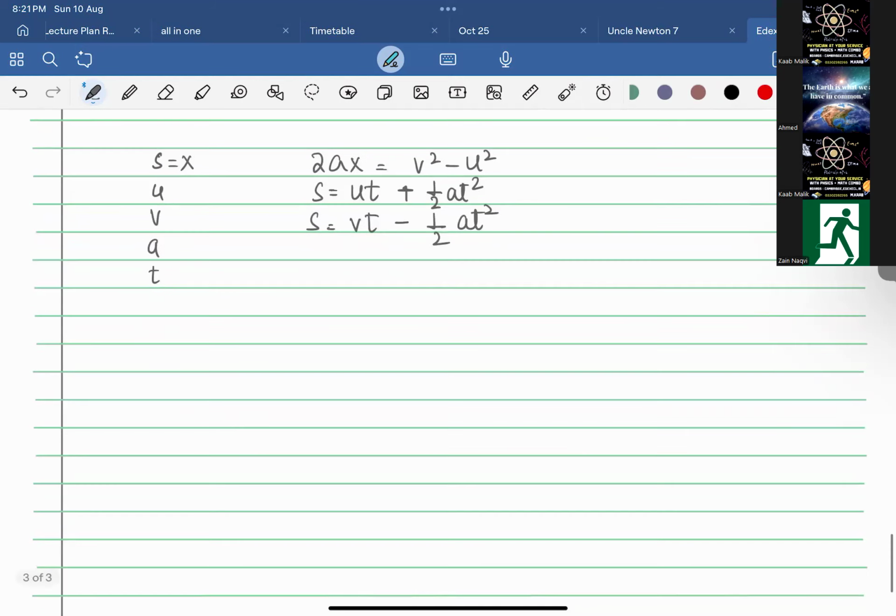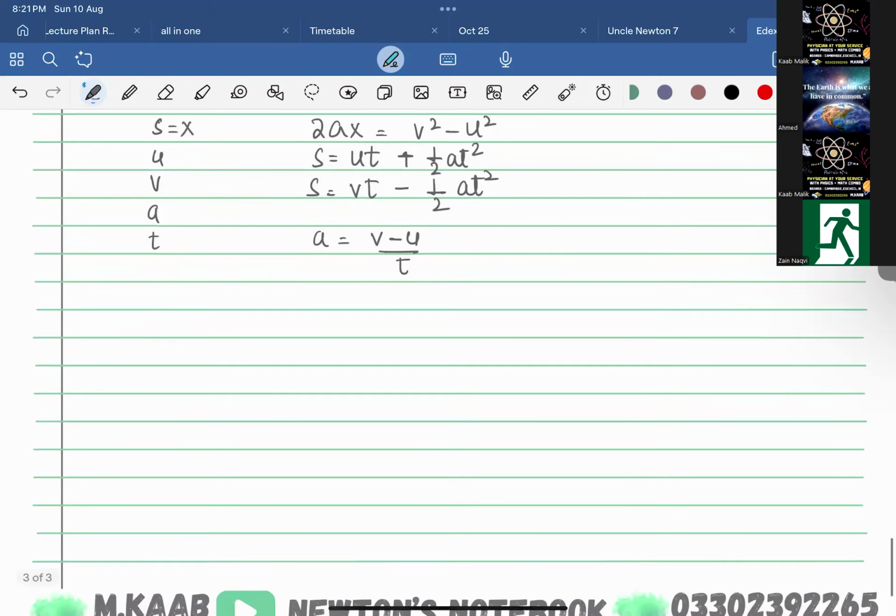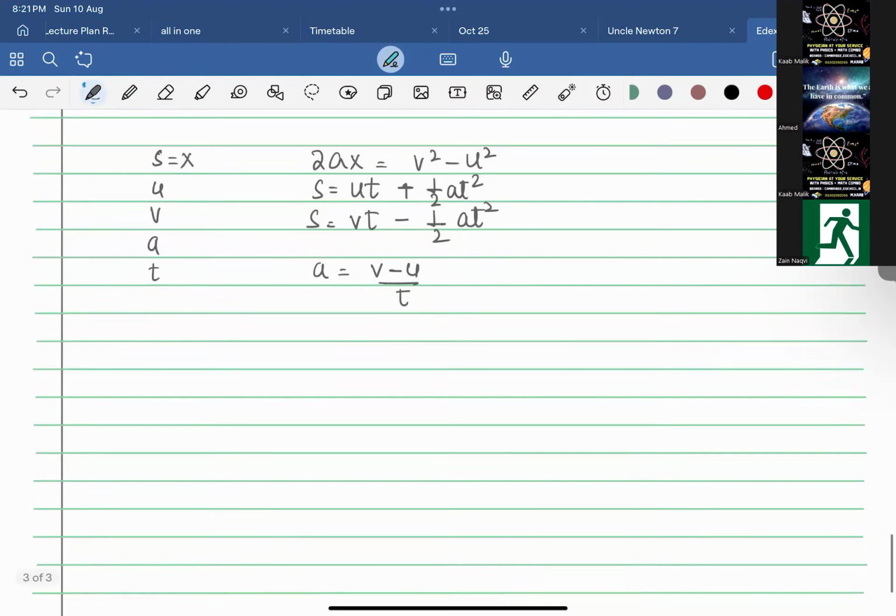The fourth one is going to be a equals v minus u over t. The fifth one is going to be S equals u plus v divided by 2, times t.